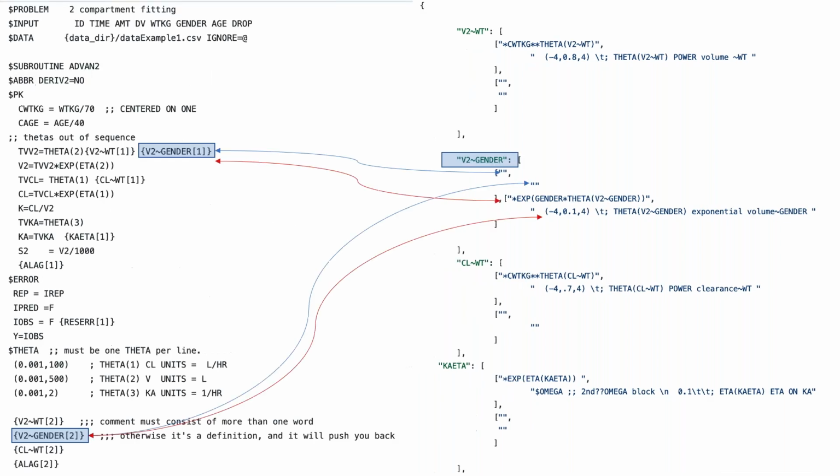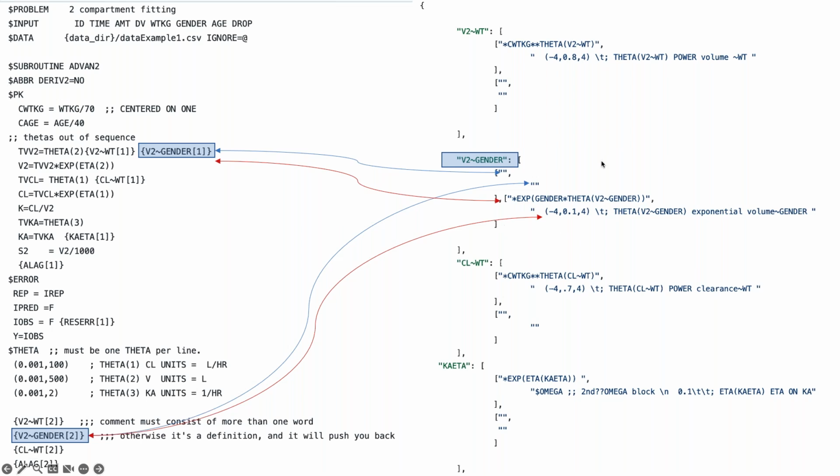So if we put the token file and the template file side by side, you see that here's our V2 gender 1 term on the left. This can be substituted with the first element under the token V2 gender, which is just a blank, so there's no relationship. And the V2 gender 2, the second place where this appears in the control stream, is substituted also with a blank because you have no relationship.